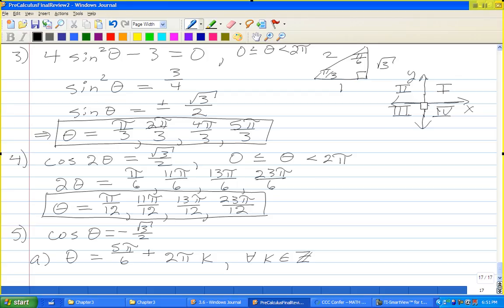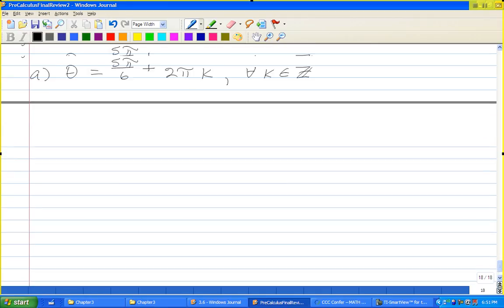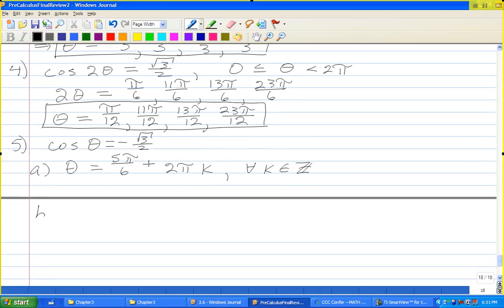Next, cosine is also negative in the third quadrant, with a reference angle of pi over 6. You go pi plus another pi over 6, which is 7 pi over 6. And so all answers have the following form. Again, you just keep going around the circle a whole bunch of times.